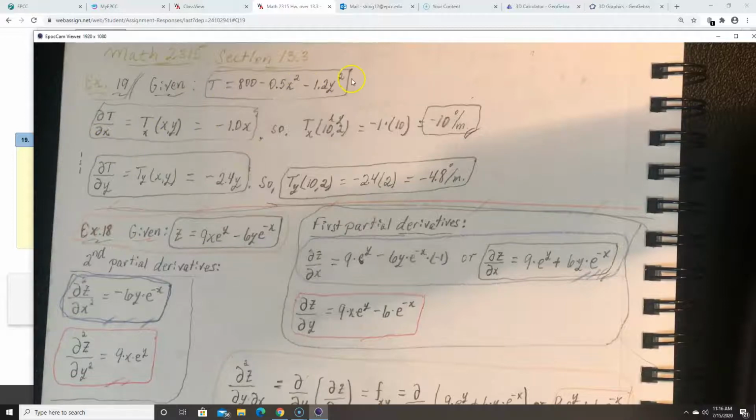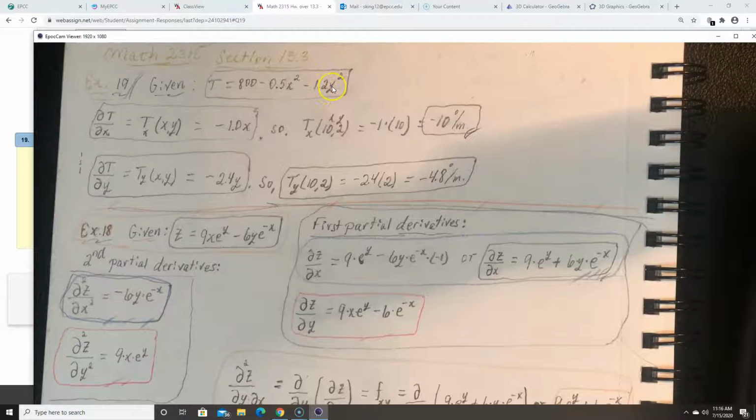To differentiate this partially with respect to x, again, here's a term, here's a term, here's a term. When you differentiate partially with respect to x, the y is considered a fixed constant, just like 800 is a fixed constant. And the derivative of a constant all by itself is 0.